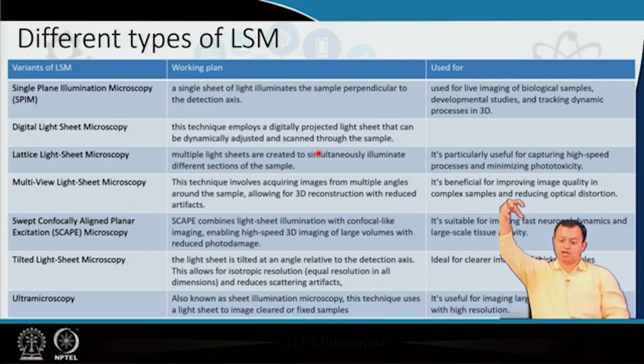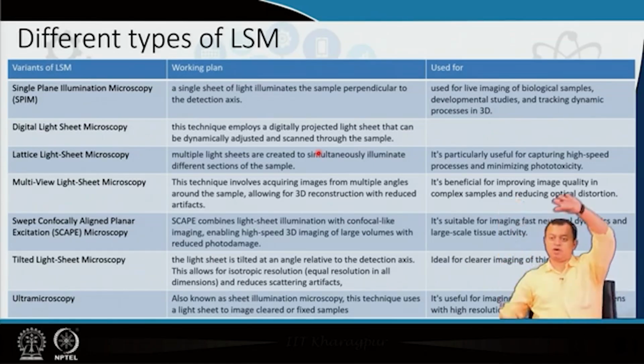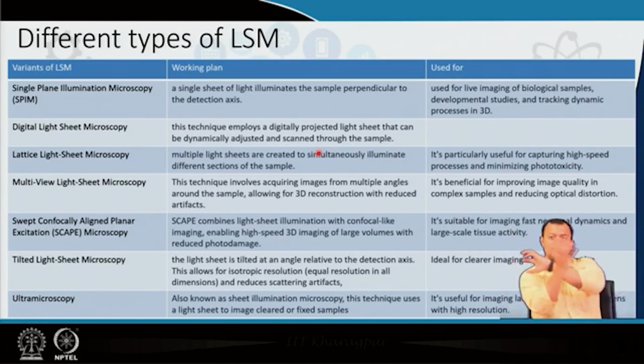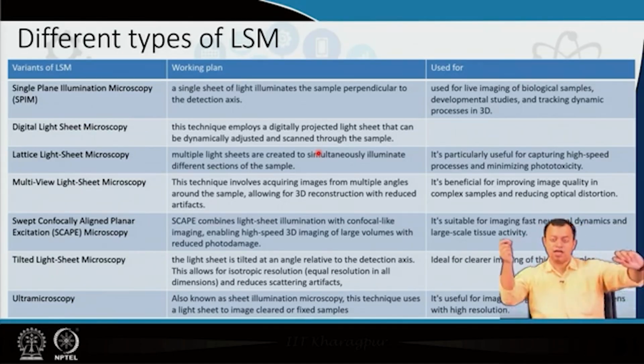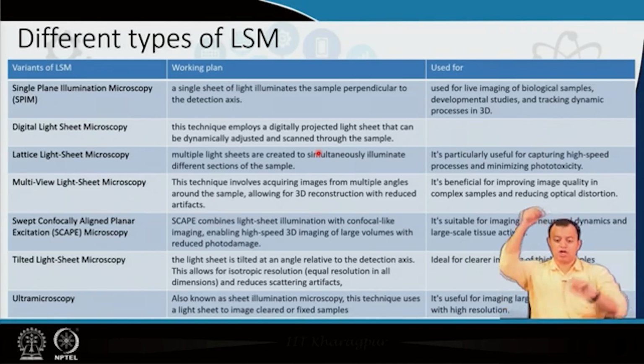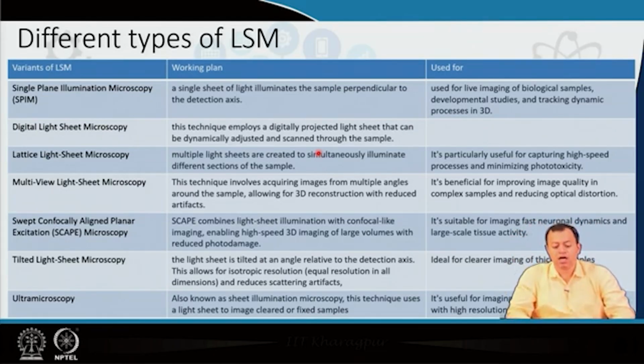You illuminate from here, you illuminate from here, you collect the data from here, and you can get this information by rotating your detector and your illuminator at different areas, as long as this 90-degree angle is almost matched. You can make it in any XYZ direction and thereby get a holographic, complete total image of the sample that you are trying to get.